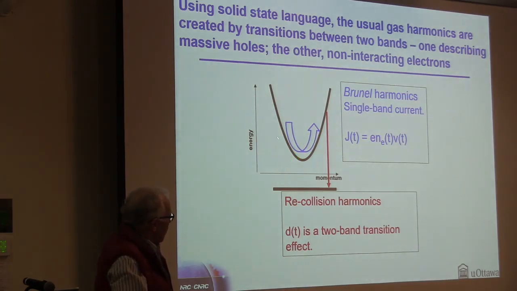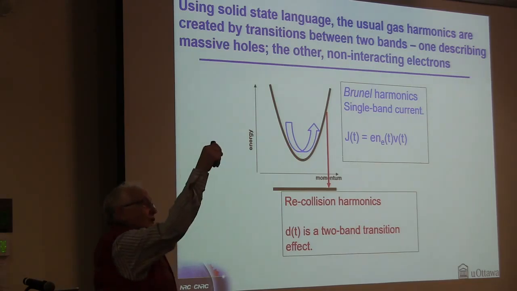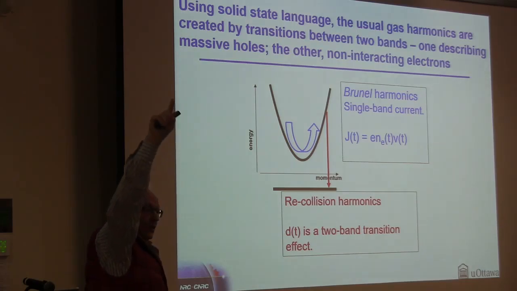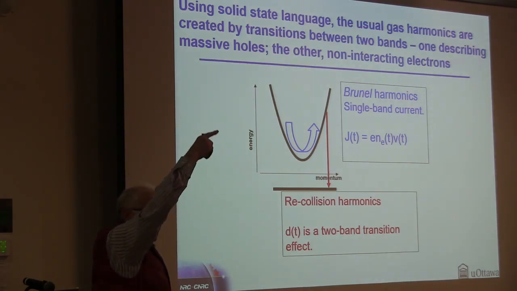Actually, if you go back and look at the atomic literature, you will see that there are really two kinds of harmonics that are created, only one of which we talk about here and everywhere else. But there's a second kind as well. When you make a transition here, you create a current that's now going to flow in the conduction band.